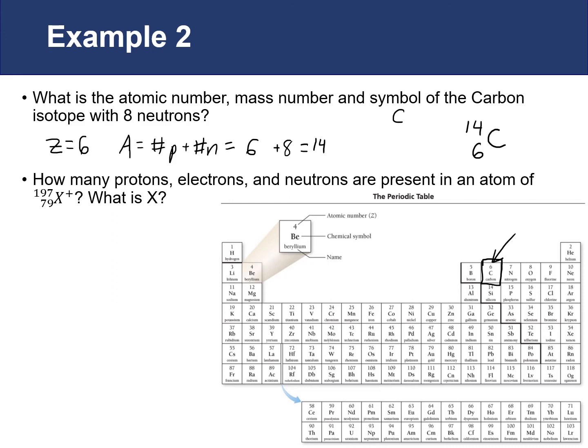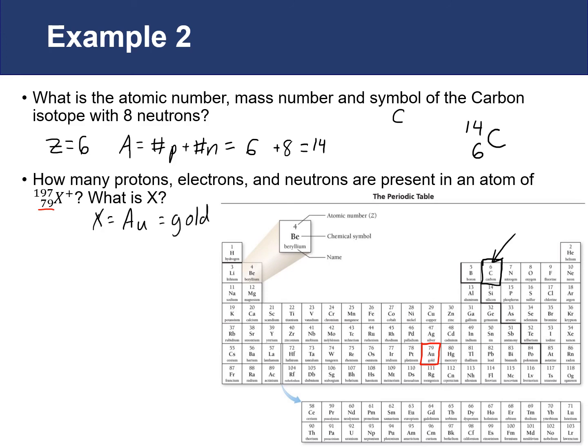So for this, our atomic number is 79, and so we just have to find that on our periodic table. Looking down here, here is atom 79, Au, which is gold. So answering the last question first, what is X? X is Au, which is gold.